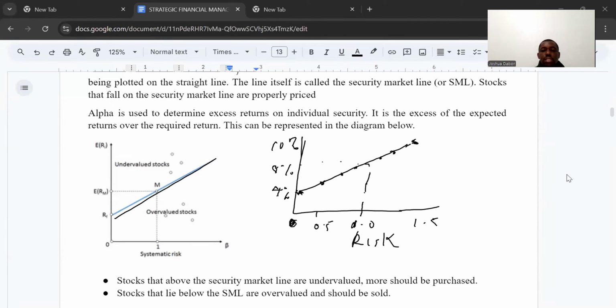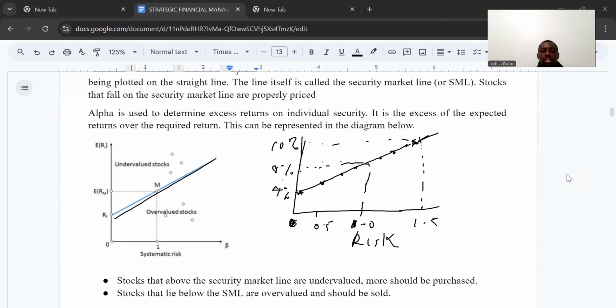So based on this, if I drag this 8% down here, at 1.0 risk, the return should be what? 8%. So at 1.5, if I take this up, I'm expecting that my return should be what? 10%.